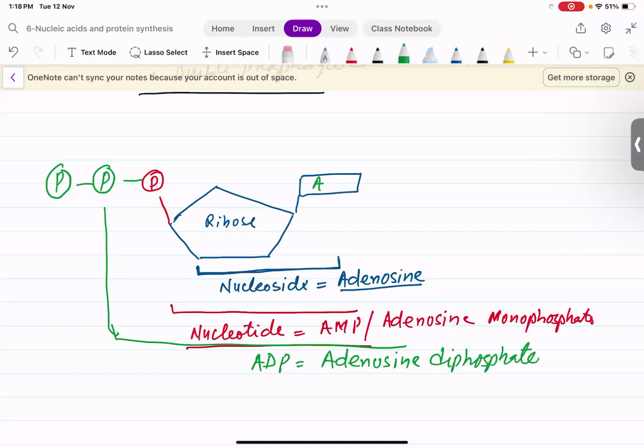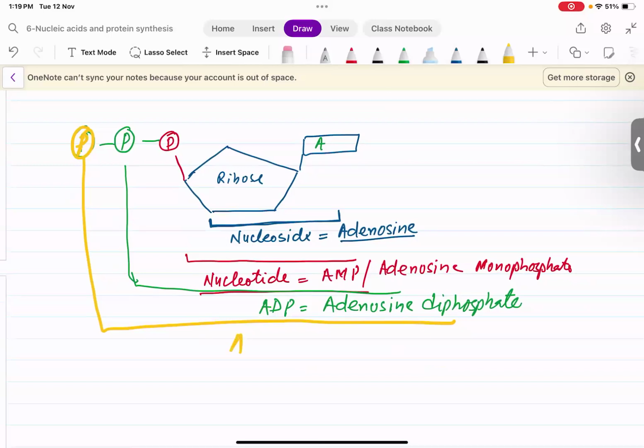And if there is a third one, this would be known as an ATP, which is adenosine triphosphate. Hope you have understood it.